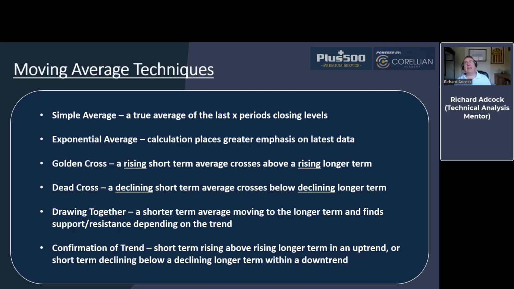We can also use moving averages to confirm the trending condition of the market. So for instance, if a short-term average is rising above a longer term, and we can extend this to any number of moving averages, 3, 4, or even 5 in some cases, as long as the shorter term is above the slightly longer term against the medium term against the longer term average, then that's confirmation of the bullish trending condition that's dominant within the market and the risk of that trend continuing.